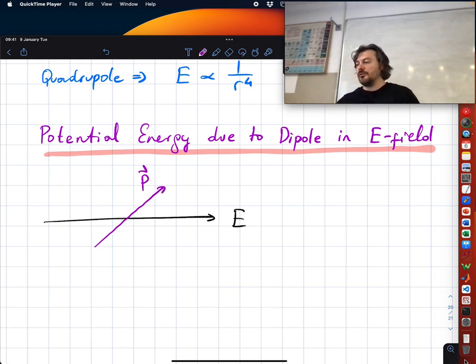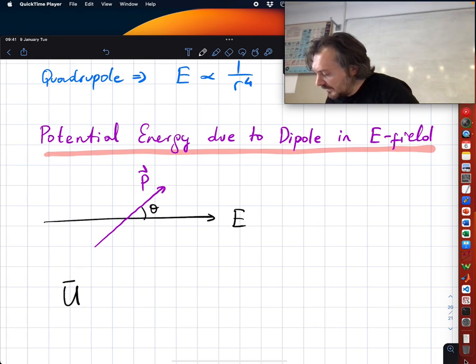What does the dipole want to do? Rotate. Which way? In the same way as the electric field. It wants to align with the electric field, right? And when something achieves what it wants to achieve, does its energy go lower or higher? Lower, right? So that's why potential energy is defined. Potential energy is never a vector. P dot E.